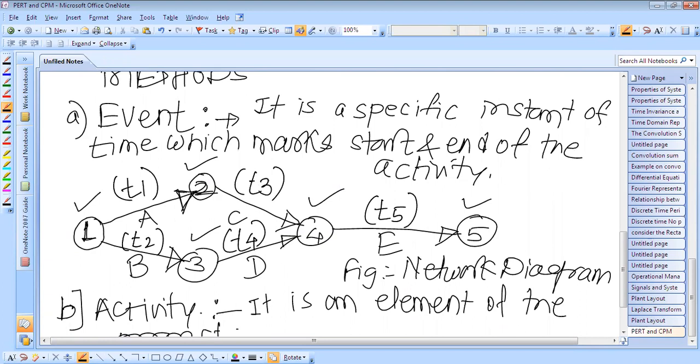If an activity takes more than the estimated time to complete, then that activity is called a critical activity.